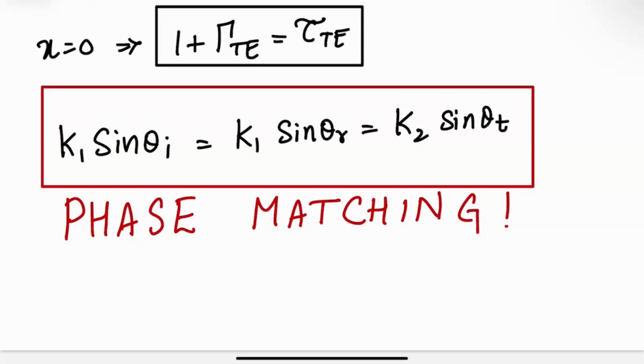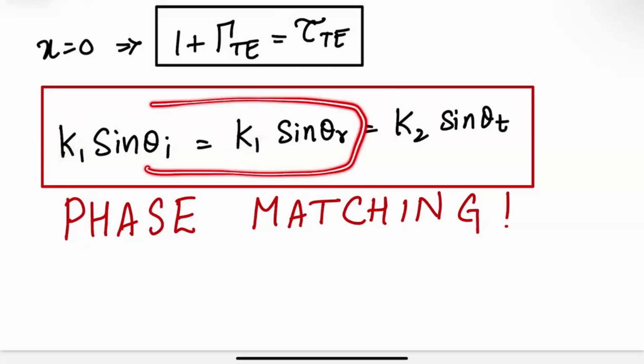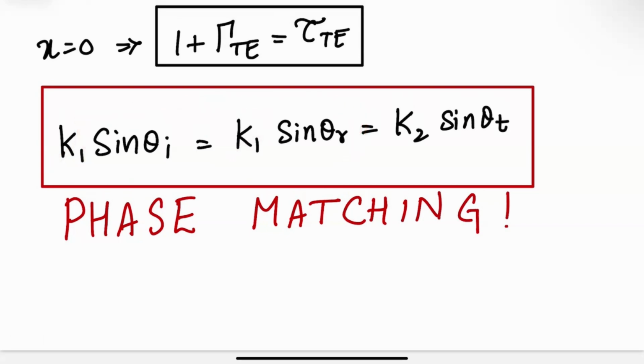But from this, you can quickly see that this term and this term cancel, and you get theta i equal to theta r. And you also get this equal to this. So let's say I have my k, the free space wave number, which is nothing but omega over the velocity of the wave in the medium. I can write that as omega over c times some quantity n.